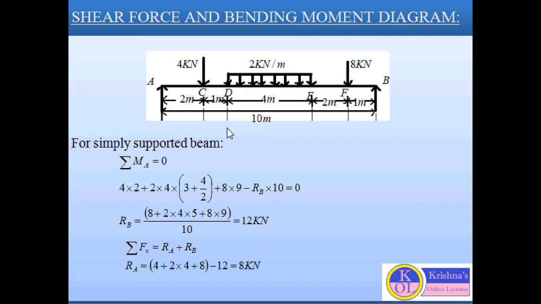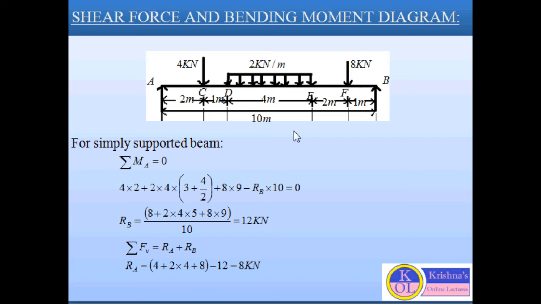It is covering 4 meters, so it will be 2 into 4, and this uniformly distributed load acts at the middle of the span. So from point A the distance is 2 plus 1, that is 3 meters, so the total distance will be 3 plus 4 by 2, plus another load of 8 kilonewton.